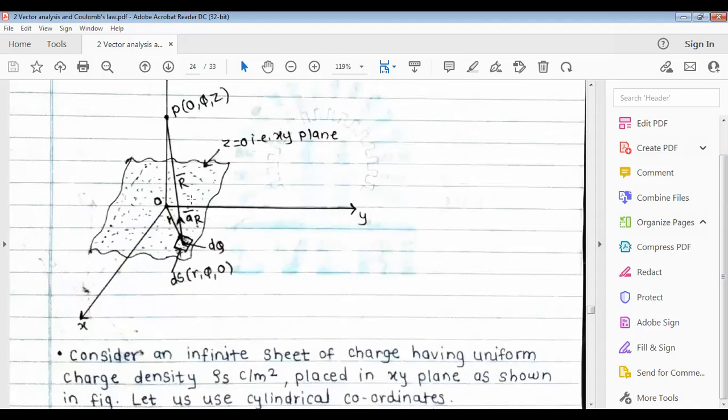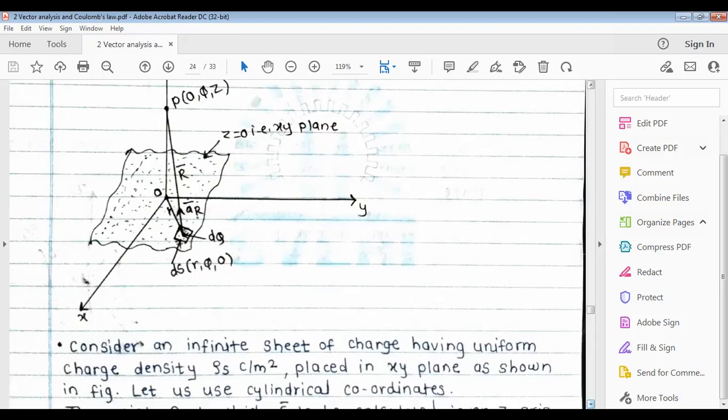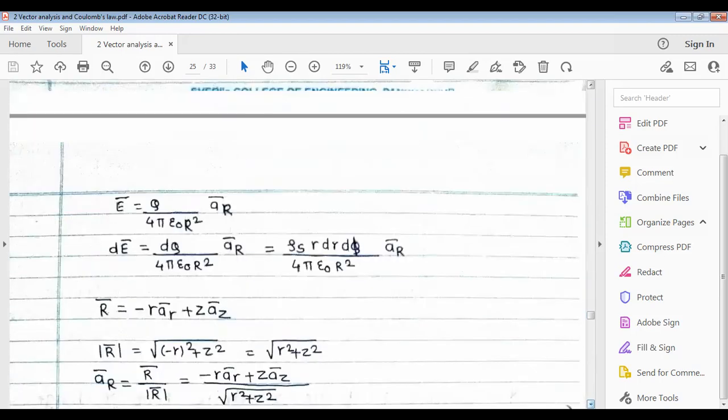So 0 minus r into unit vector a bar r, that is minus r a bar r, plus phi minus phi into unit vector a bar phi, which is 0, and z minus 0 into unit vector a bar z. Okay, so the last term is minus r a bar r plus z a bar z.